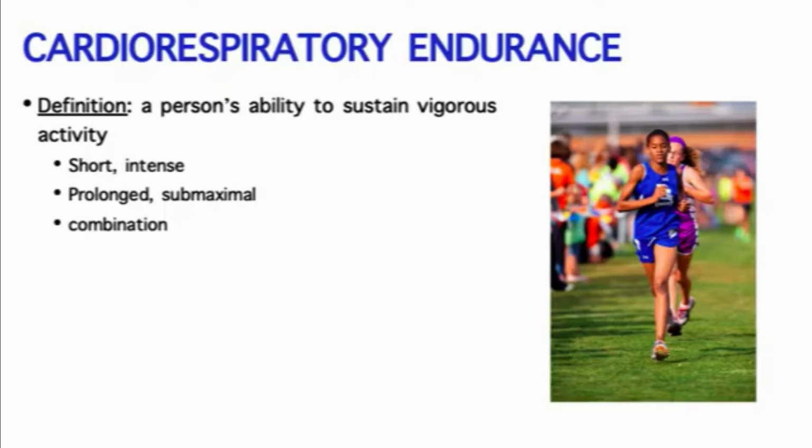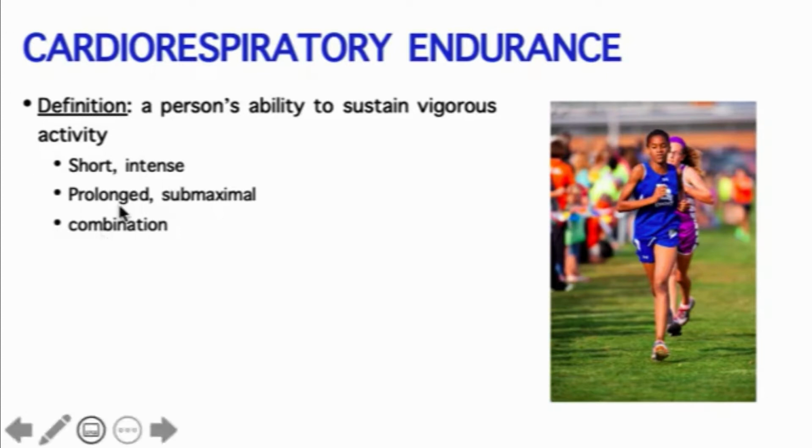This could be in short, intense bursts, such as sprinting, right? Or it could be in prolonged or submaximal efforts, such as running a mile or a marathon. Or you can have a combination of both, which might be an example like basketball, or soccer maybe.